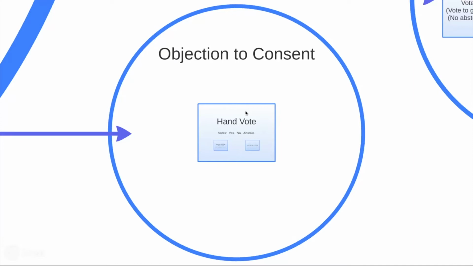But being able to literally count the amount of people that say yes or no is helpful, again, so that your chair can determine, did this motion actually pass, so that you can determine if you've met that threshold, right? We don't want to expend funds for something that wasn't approved. And so that's what an objection to consent is.